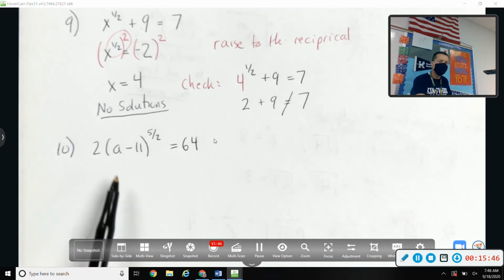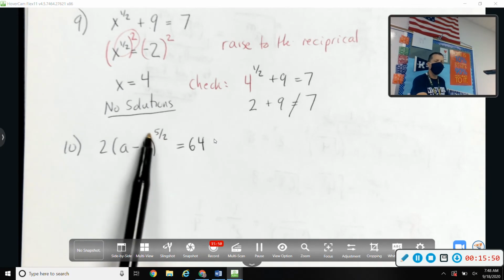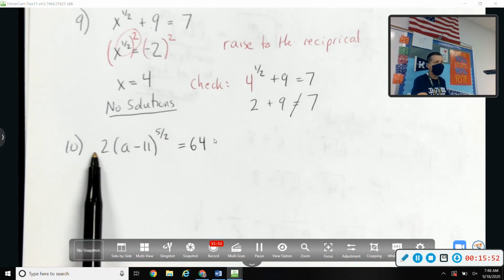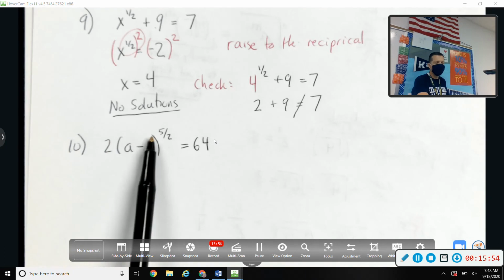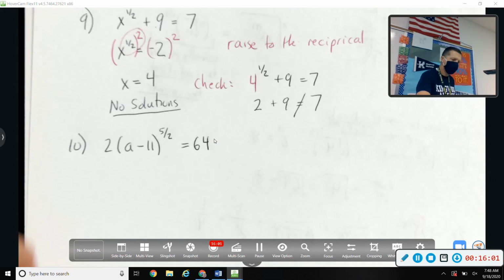You can't distribute the 2 because this is to the 5 halves. So you'd have to exponent before you could multiply. So don't distribute the 2, but I do want to do something with the 2 to get rid of it. Let's divide by the 2.